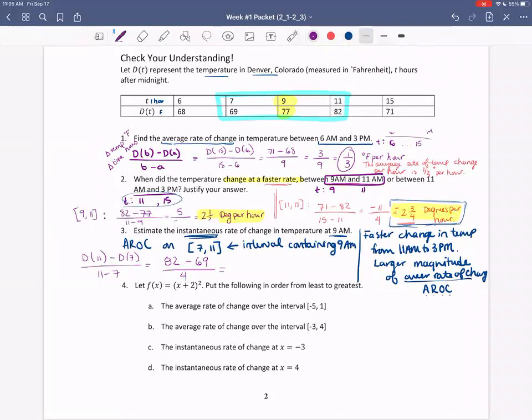So if we compute that difference in the numerator, we get 14 over 4. So we could simplify here and we'd get 3 2/4 or 3.5 degrees per hour. So the change in temperature is 3.5 degrees per hour, approximately, our best estimate at that instant at 9 o'clock.